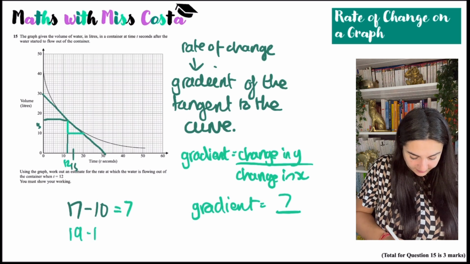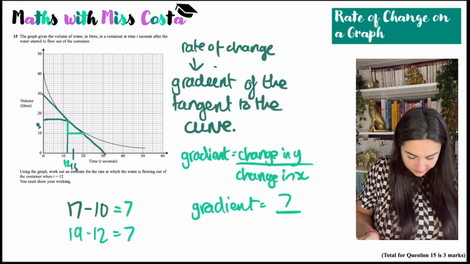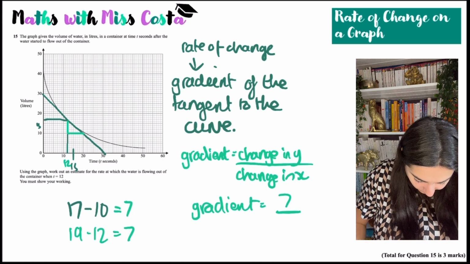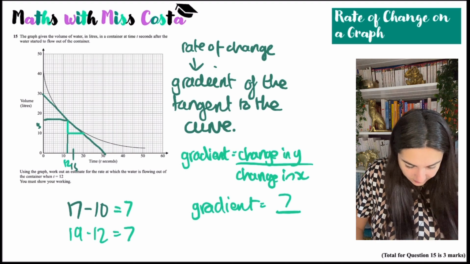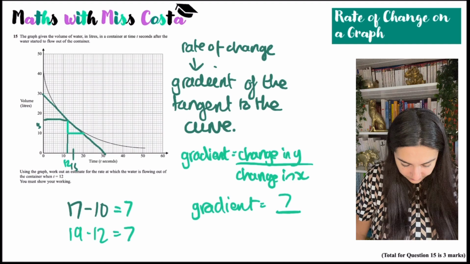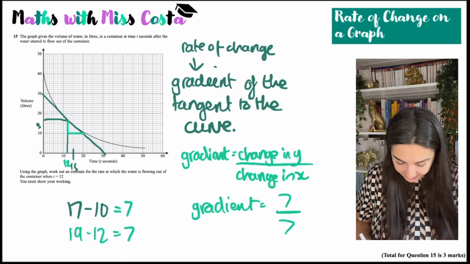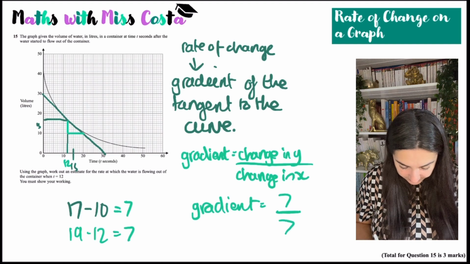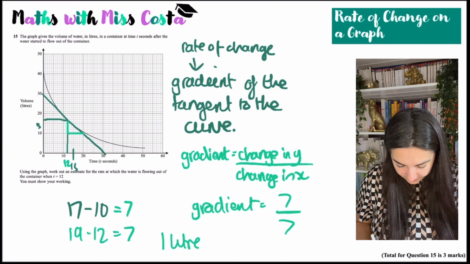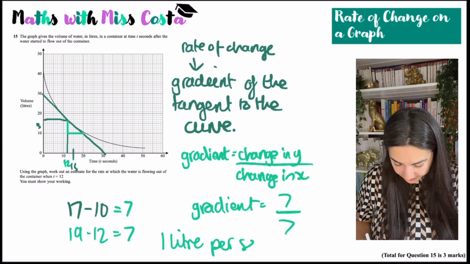So 19 take 12 is also 7. Oh, I haven't done this well enough, have I? Well, I'm just going to say the rate of change is 1 litre per second.